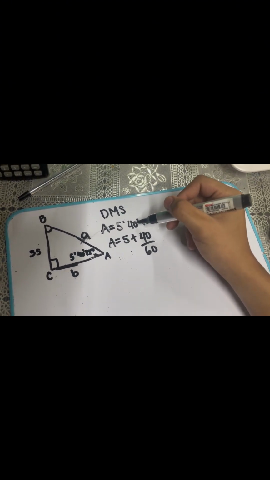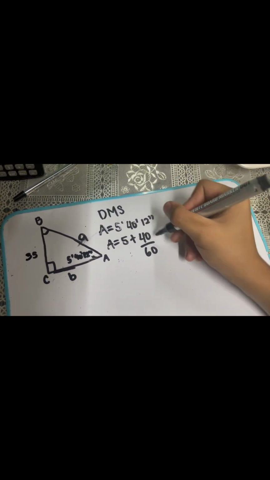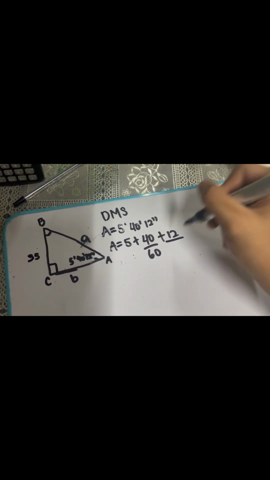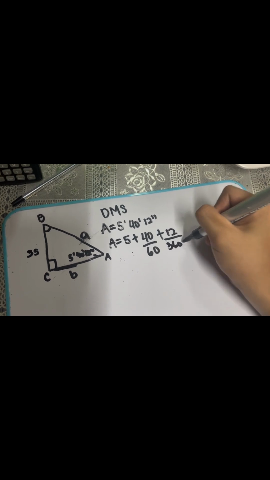The answer we're gonna get from this, and then plus 12 over 3600.